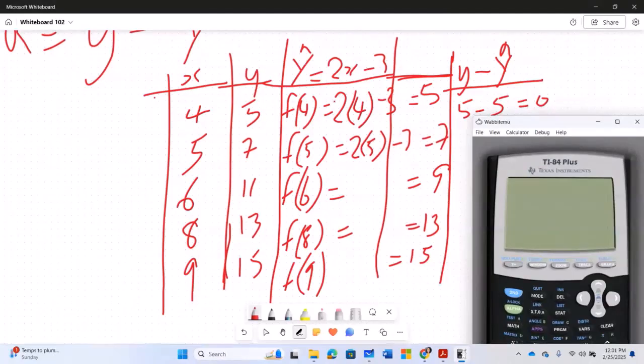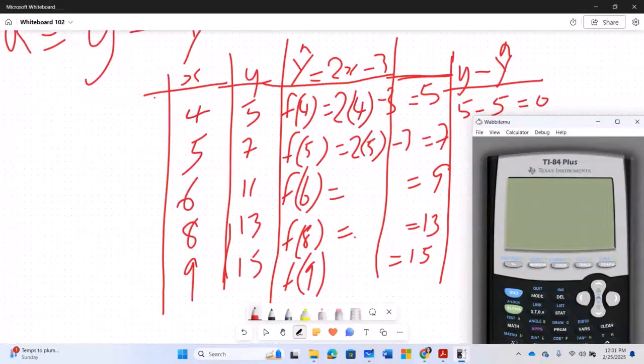So right here, 2 times 4 is 8, 8 minus 3 is 5. 2 times 5 is 10, minus 3, because that is the equation, 7. This is 2 times 6 is 12, 12 minus 3 is 9.